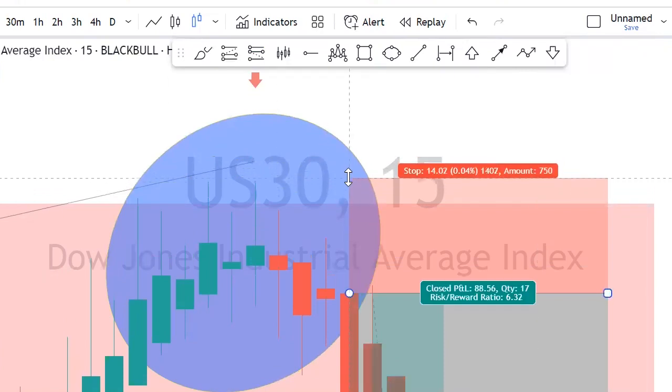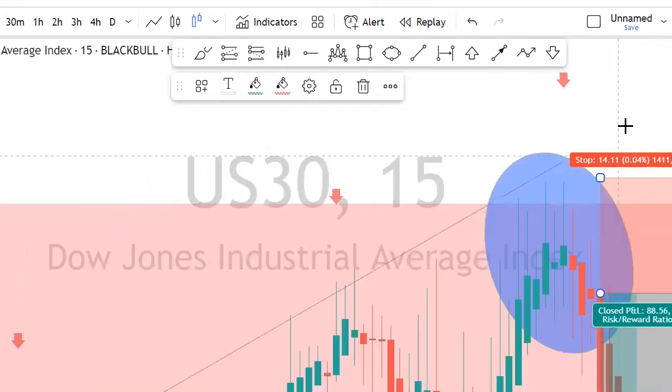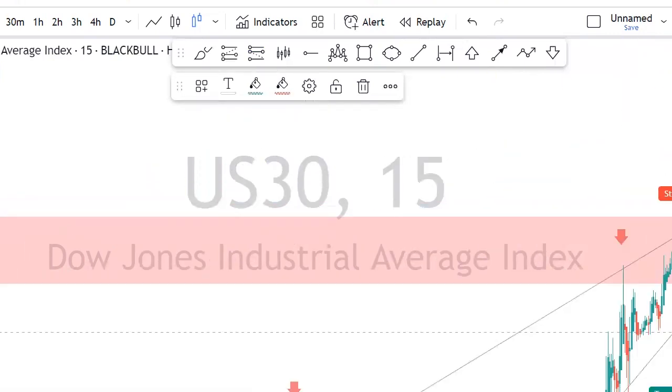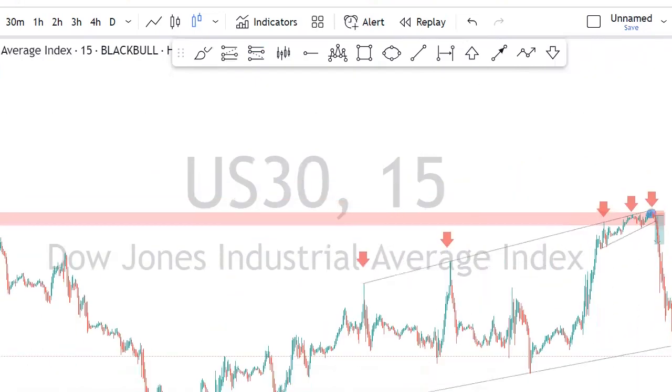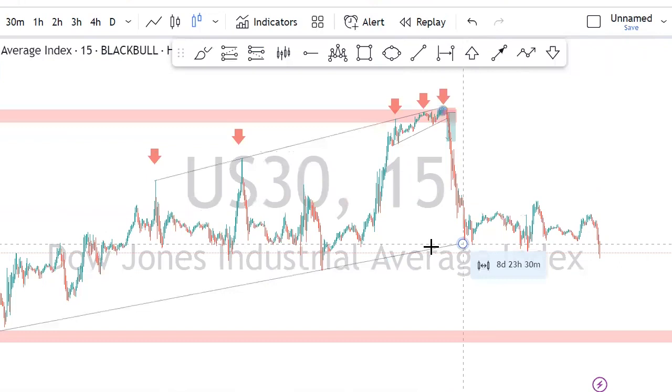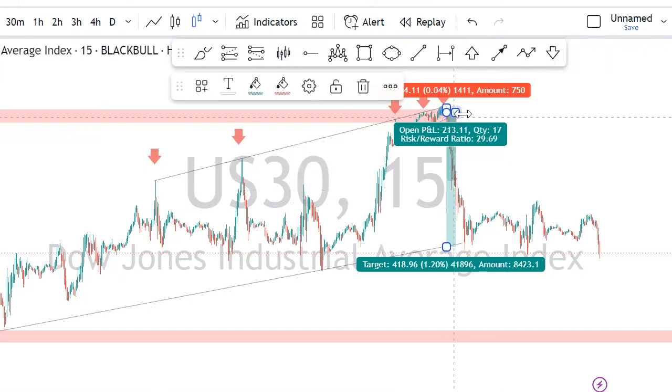So you're just gonna put your stop loss right above the highest point. And let me zoom out, and then you scale down to your support area, right? So that's how I got the previous setup.